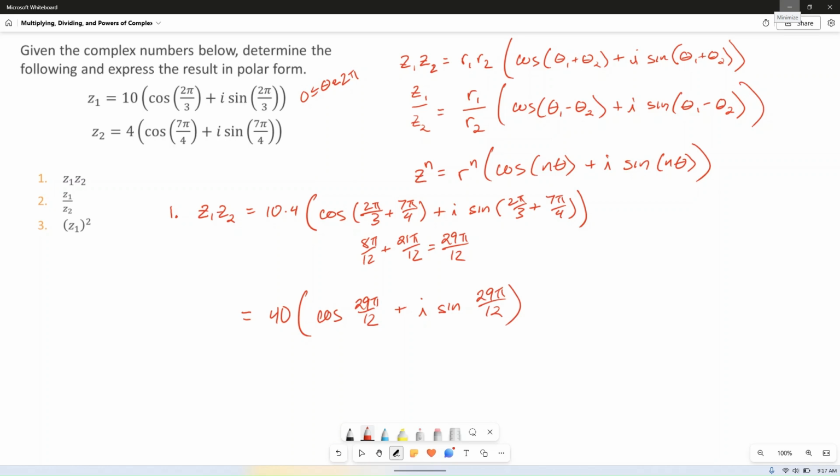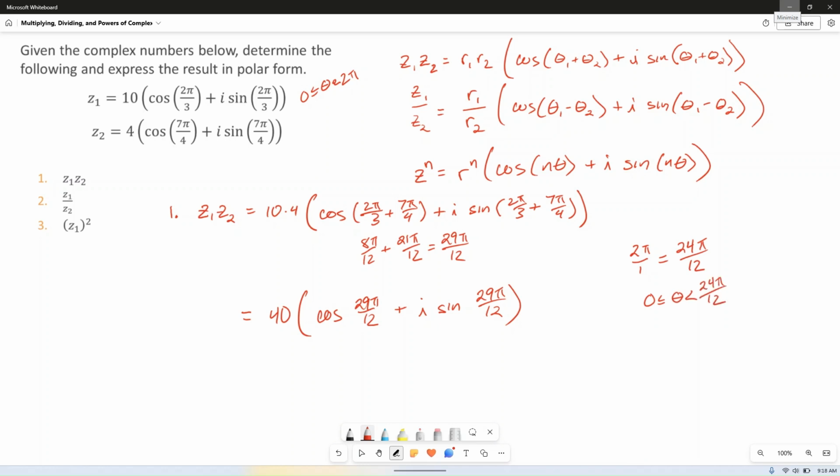So the only thing we need to consider at this point, we've done the actual work, is our angle between 0 and 2 pi? Well, 2 pi is really a fraction. It's 2 pi over 1, which means 2 pi is equal to 24 pi over 12. So I need to make sure that whatever theta values I have, they have to be between 0 and 24 pi over 12.